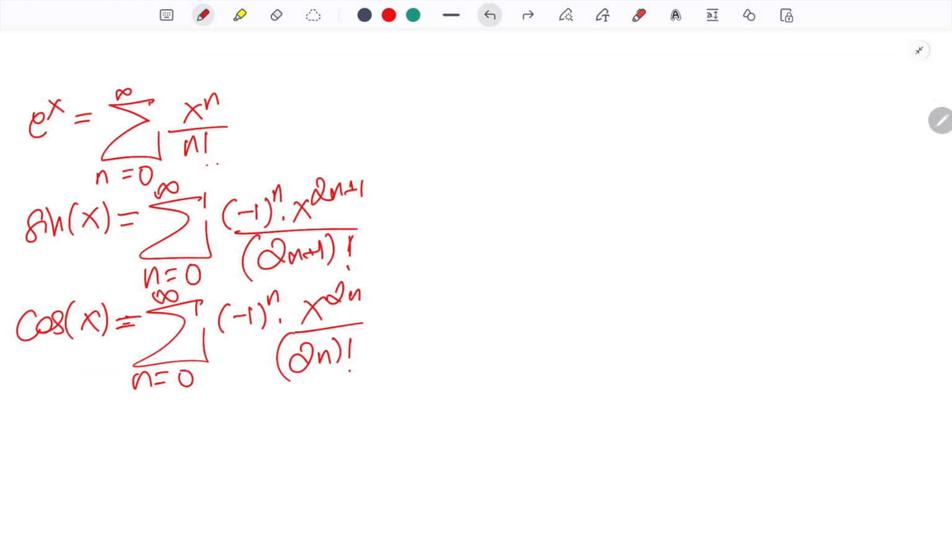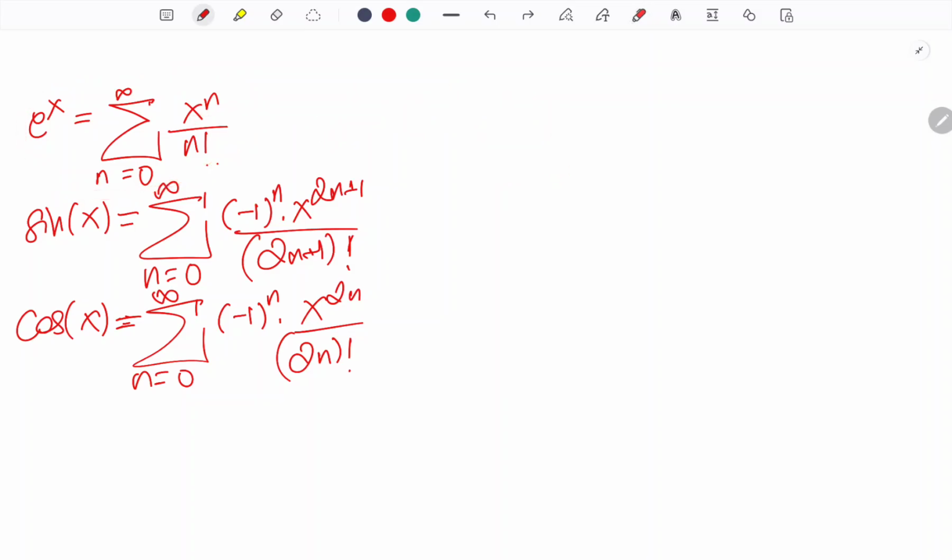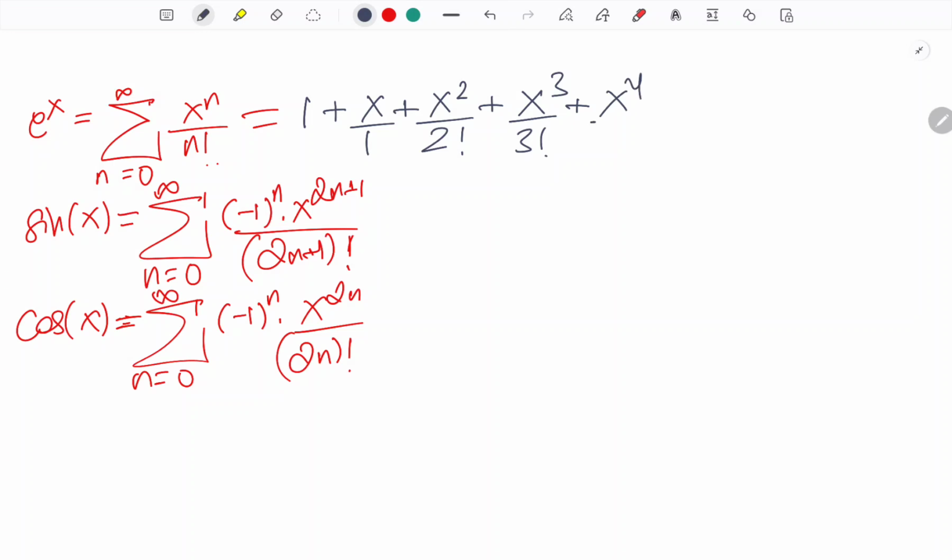If you look closely, let's expand this. We have e to the x as the sum of x to the n over n factorial. Expanding this, we have x to the 0, which is 1, plus x to the 1 over 1 factorial, so x over 1, plus x squared over 2 factorial, plus x to the third over 3 factorial, plus x to the fourth over 4 factorial, and this goes on.